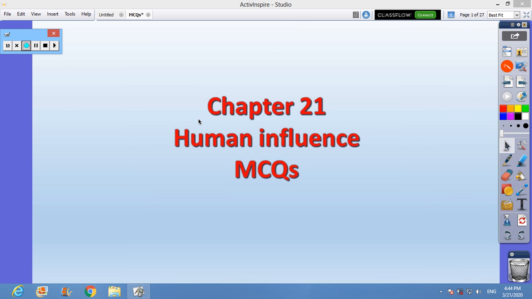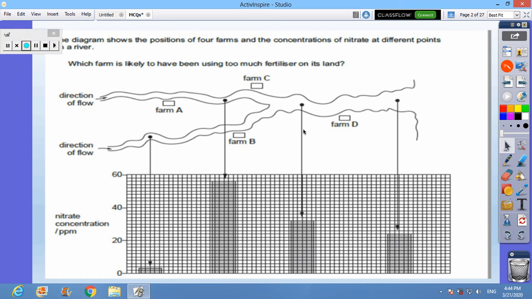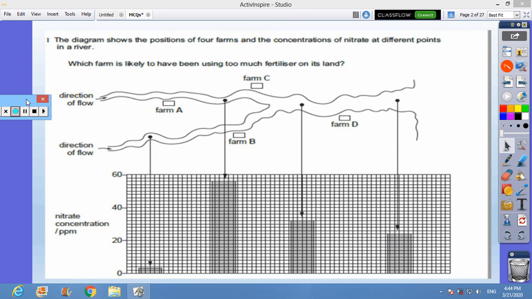This is chapter 21, Human Influence MCQ questions from past papers. The first question reads, the diagram shows the position of 4 farms and the concentration of nitrate at different points in the river. Which farm is likely to have been using too much fertilizer on its land?